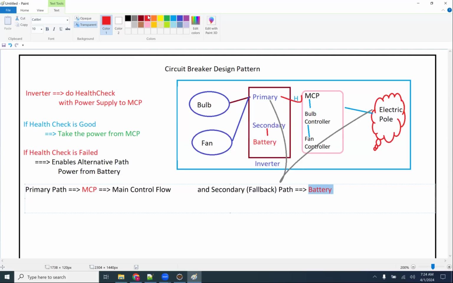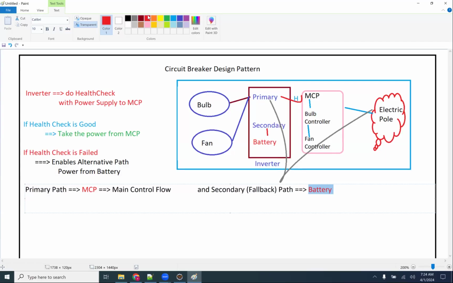So first it will check that main power is there. The bulb will take the power from MCP and it will glow, as long as it is able to find power.